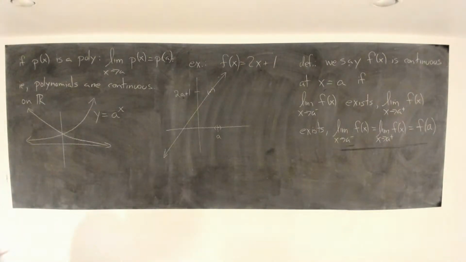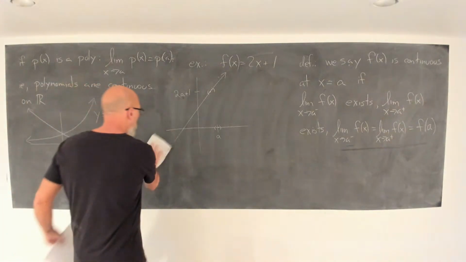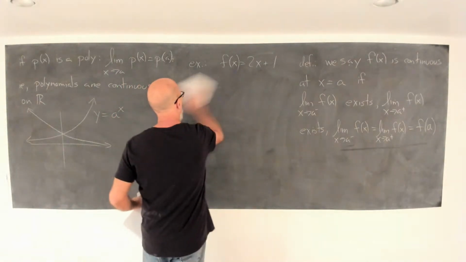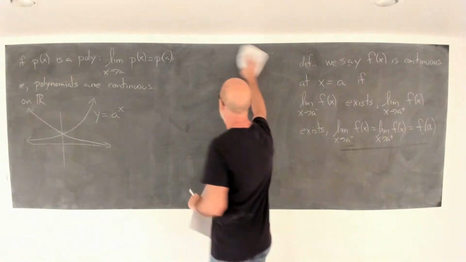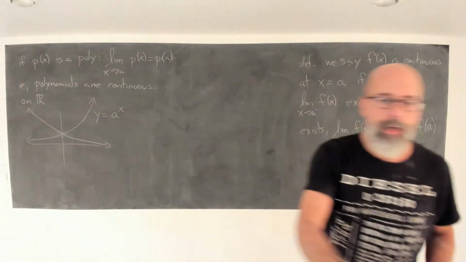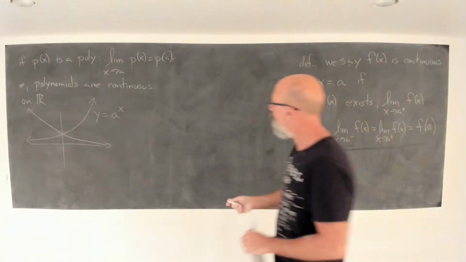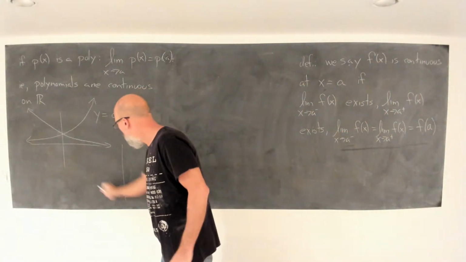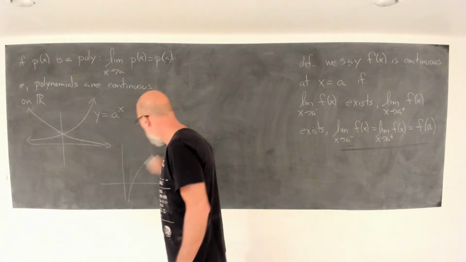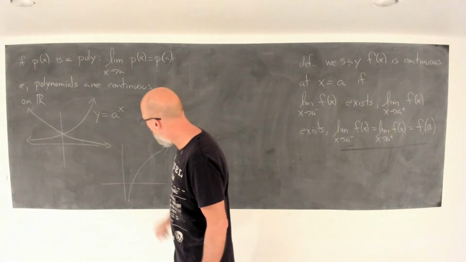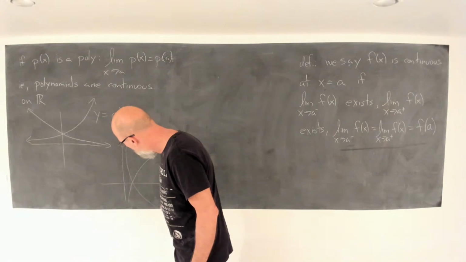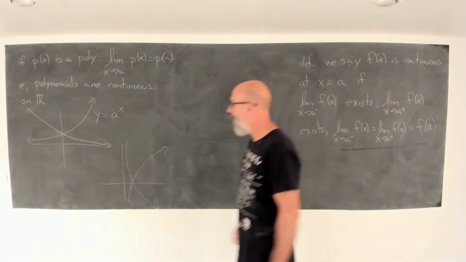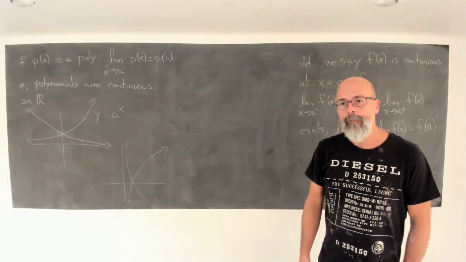Logarithms, well, it's just the mirror image. So if that one was continuous, so is its image, namely the logarithm, which either looks like this or looks like this, depending on what the base is.